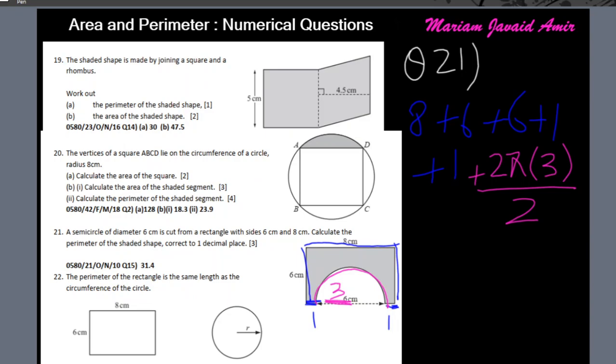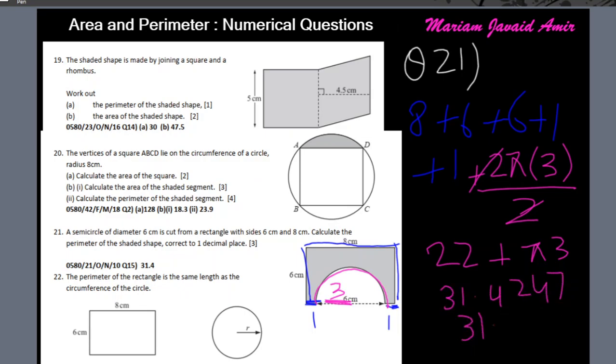So enter this in your calculators. 8 plus 6 plus 6 plus 1 plus 1 gives me 22, plus pi times 3, which gives me 31.4247. Rounded off to 3 significant figures is 31.4. So this is the answer for question 21.